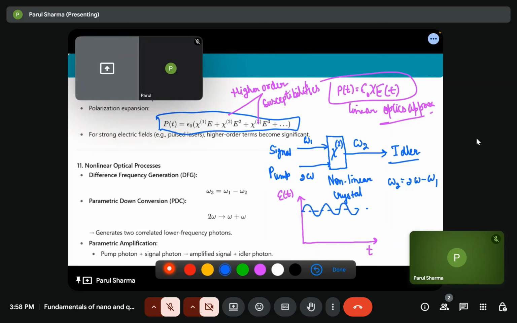Then if there is a vacuum state, the vacuum state is constant in time.